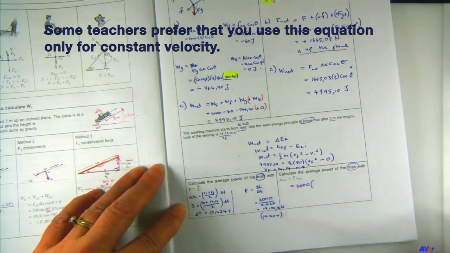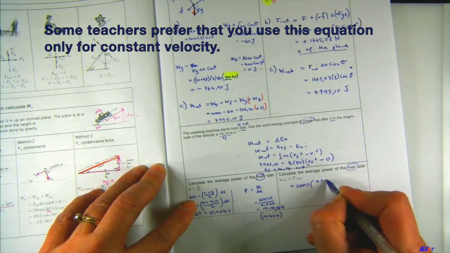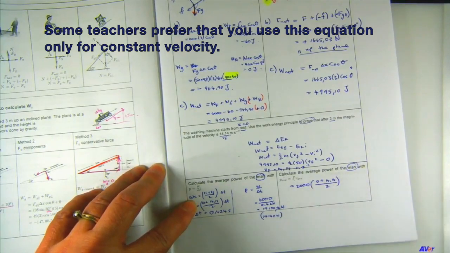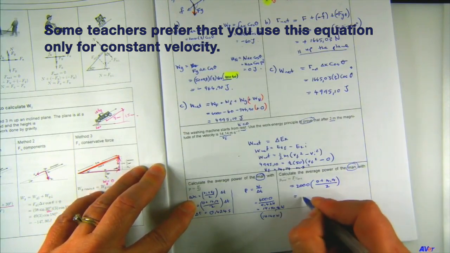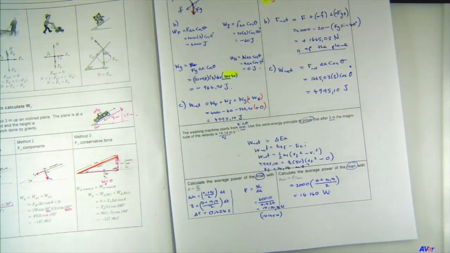And how do I get the average velocity? That will just be the initial plus the final divided by 2. That gives you the average velocity. And then you once again end up with 14140 watts. So both methods gave you the same answer. It's nice to know, so it doesn't matter which one you use.